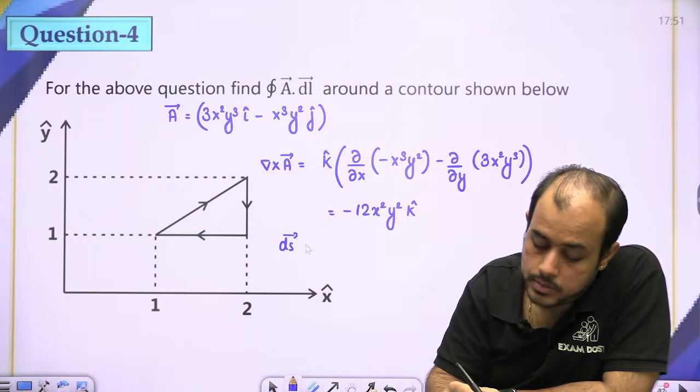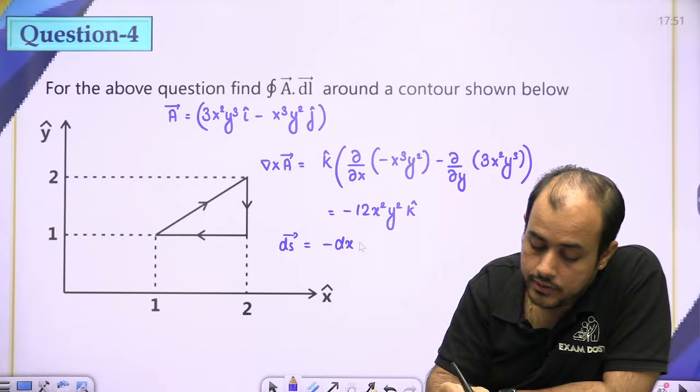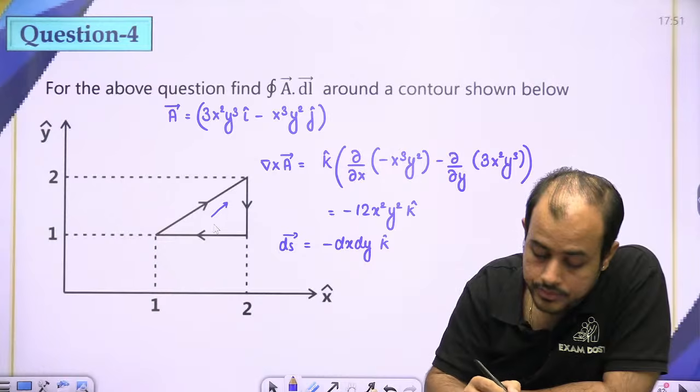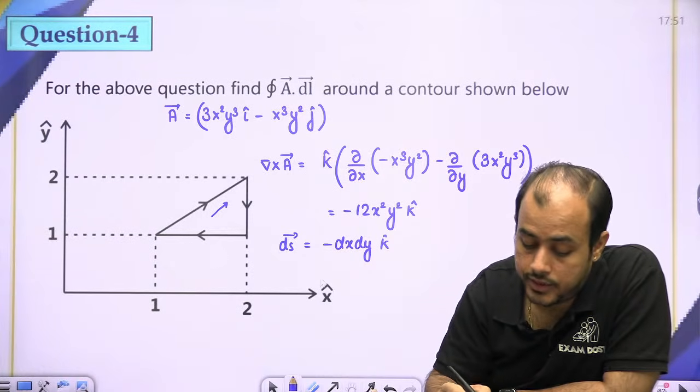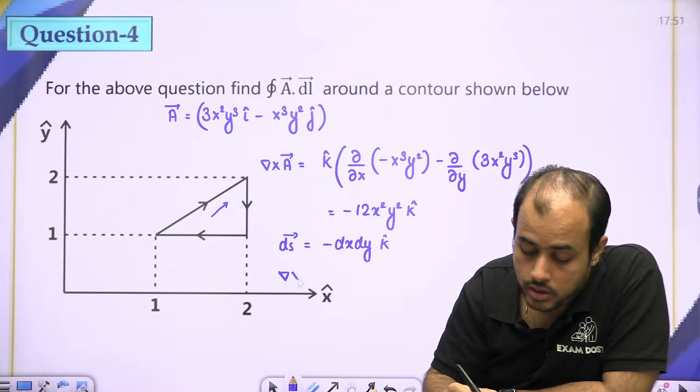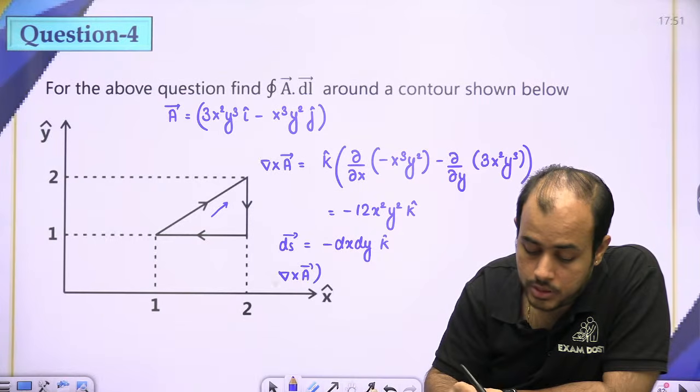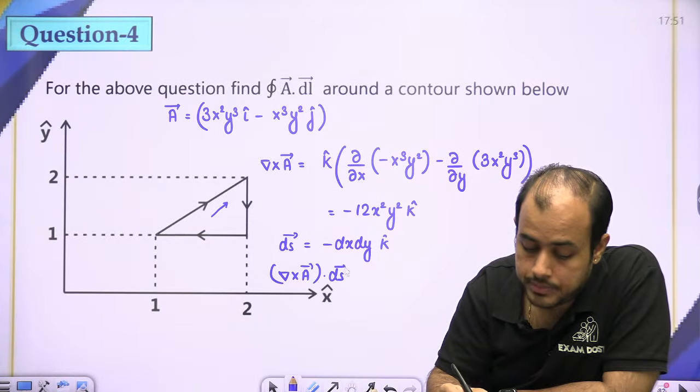It is clockwise beta, so the area vector will be inwards. एरिया वेक्टर अंदर की तरफ आएगा. So because it is a closed curve, I am using the Stokes theorem.